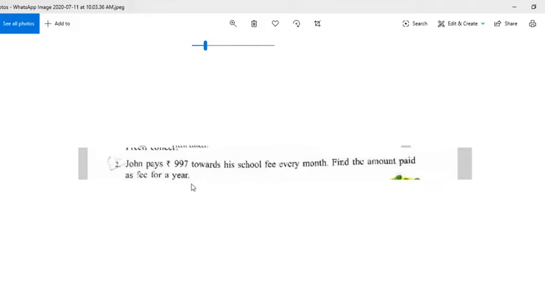You all note down the question. Note down the question, then I will show you the solution on the board. Everyone note down the question.